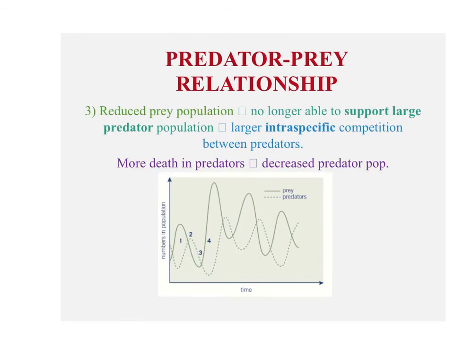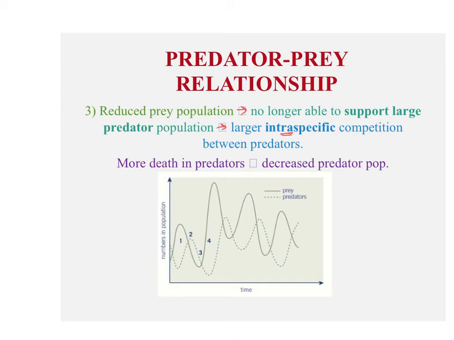And as we can see with step 3, the reduced prey population can no longer support the vast number of predators, which means that we end up with a significant amount of intra-specific competition within that predator population. So not only are they not going to have enough food, but they're going to be competing and fighting each other for the food that is available.